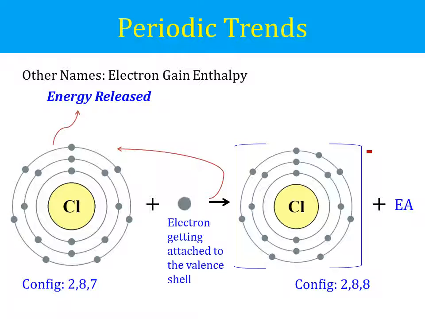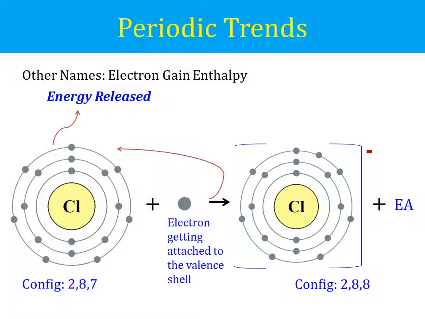So as you can see, there is an addition of an electron in the valence shell. And what's the result? Energy is released.